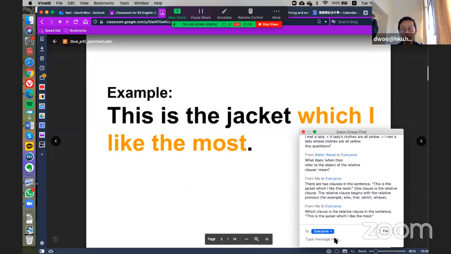Type it. I just want to see if you understand what I'm saying. I just wrote a few sentences. Do you understand these sentences? Just type the relative clause.